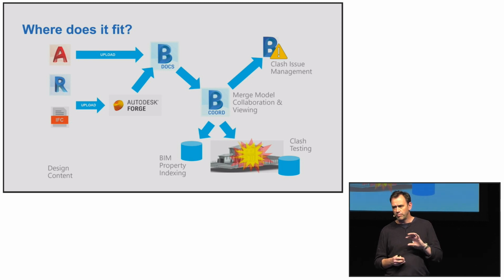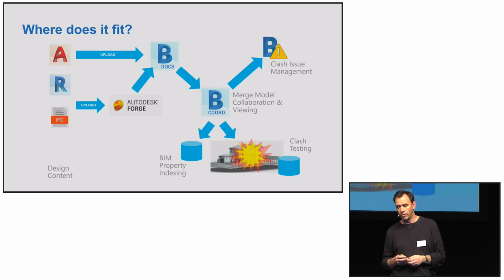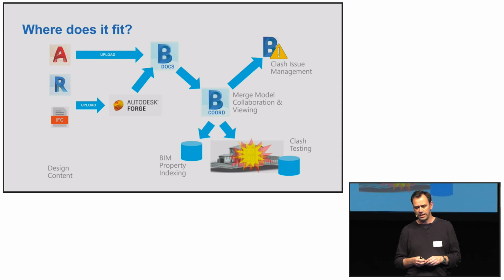They can also look at an aggregate of the property data that's created when you upload that data, so you can look across your project and ask questions of the property data. That's all the BIM data that exists within your design files as it goes up into the cloud. And then you can leverage that to do some pretty exciting clash issue management. So that's formalizing the process of clash resolution.